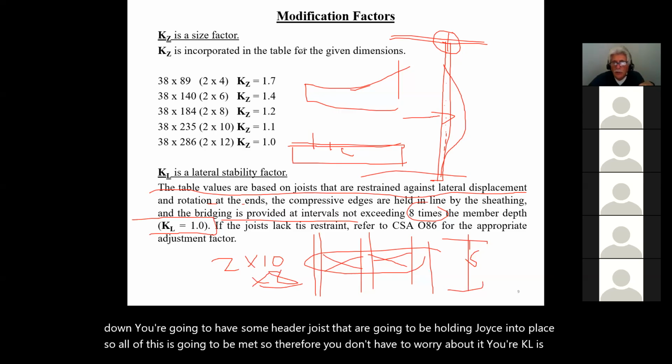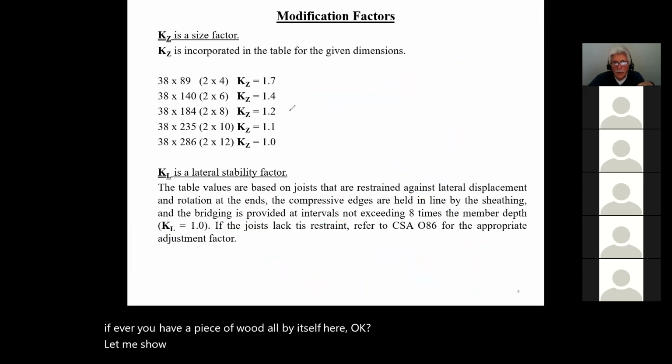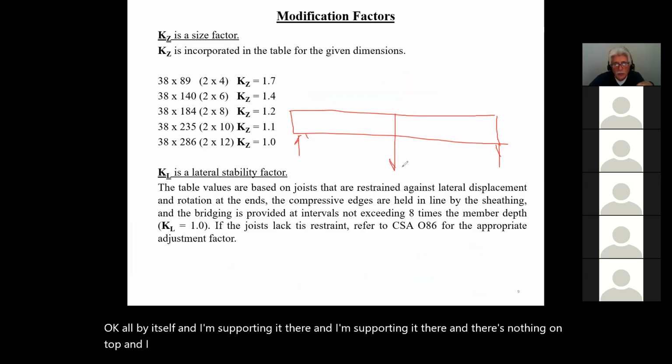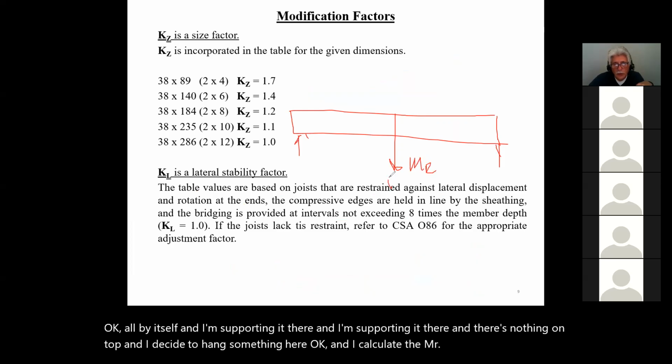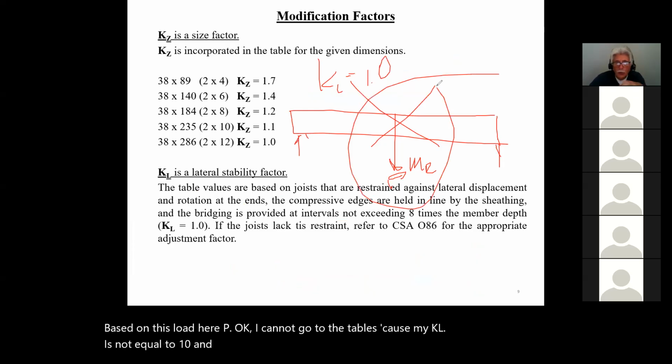But if ever you have a piece of wood all by itself, let me show you. If I take a piece of wood all by itself, supporting it there and there, with nothing on top, and I decide to hang something here and calculate the MR based on this load P, well, I cannot go to the tables because my KL is not equal to 1.0, and therefore I would be absolutely wrong.